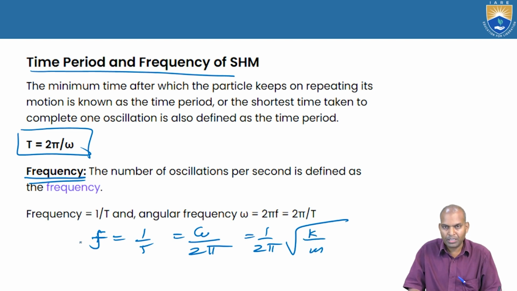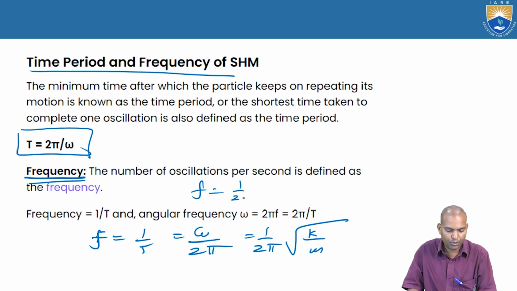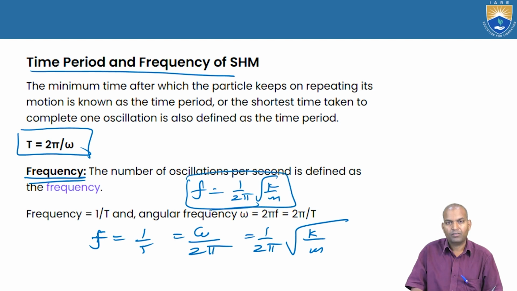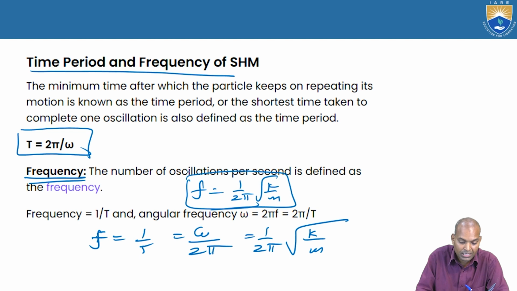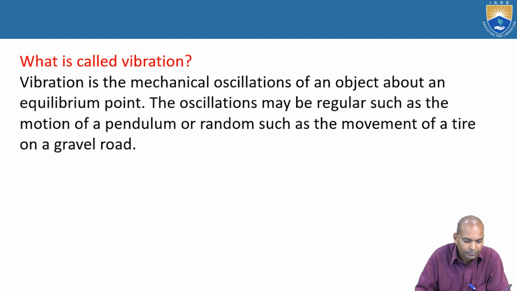Now the frequency in terms of stiffness and mass, the derived expression is f equal to 1 by 2 pi times under square root of k by m, where k is the stiffness and m is the mass. One more thing is that this frequency is dependent on the stiffness and mass of the system, not on the displacement of the system.